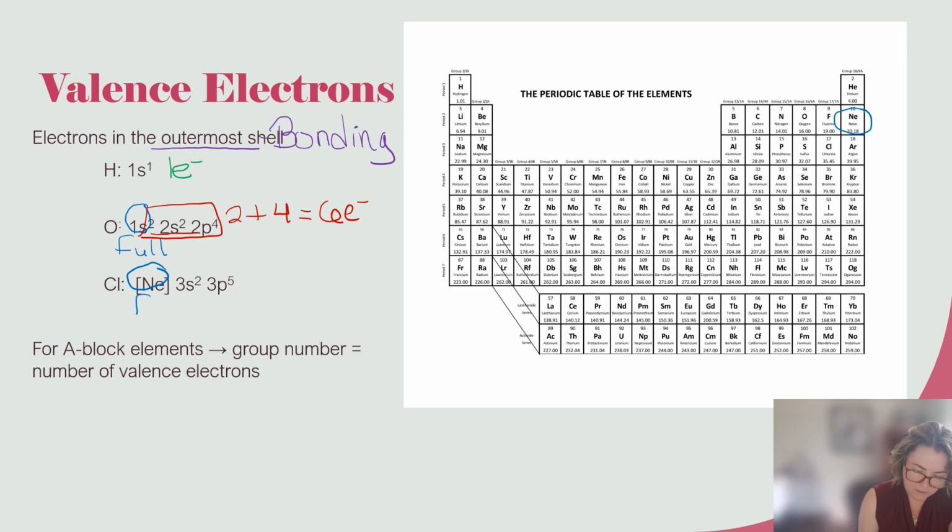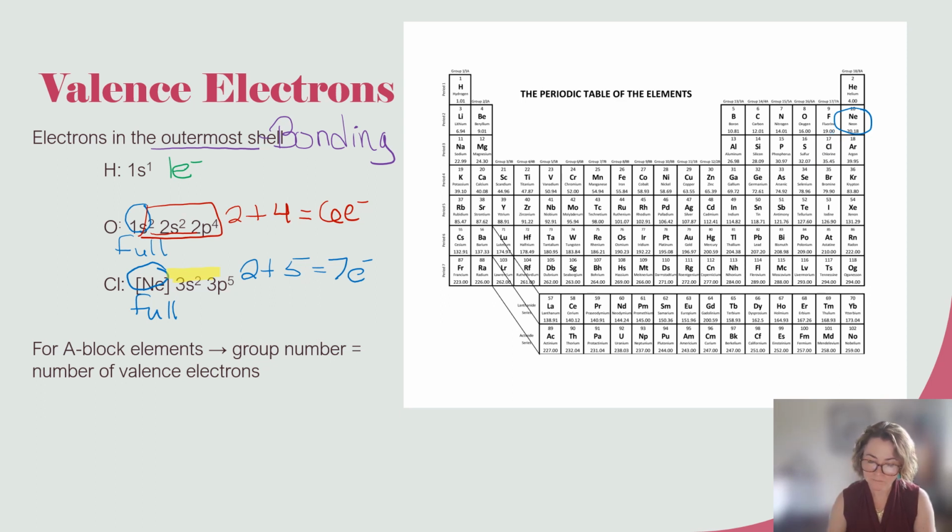So we are saying that those electrons are full and that my valence electrons are going to exist in that third energy level. I did not quite get that third energy level full. Here's my chlorine right here, right? So that energy level is not quite full. And I have 2 electrons from the S and 5 electrons from the P, giving me 7 valence electrons.